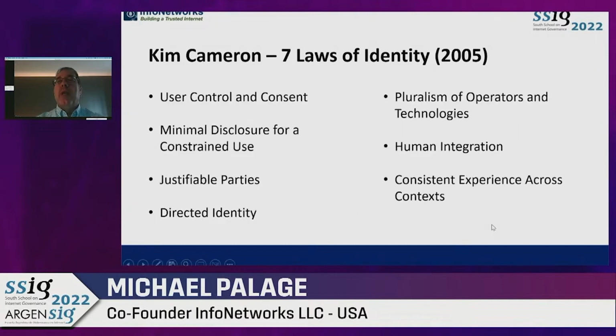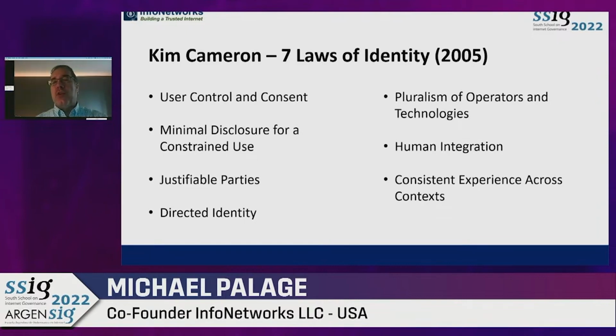Perhaps the most important aspect, though, of the paper that Kim published back in 2005 were these concepts of the 7 laws of identity. You see them on your screen. And what is amazing is that some of them, such as user control and consent and minimal disclosure, are things that today in 2020, we view as taken for granted.